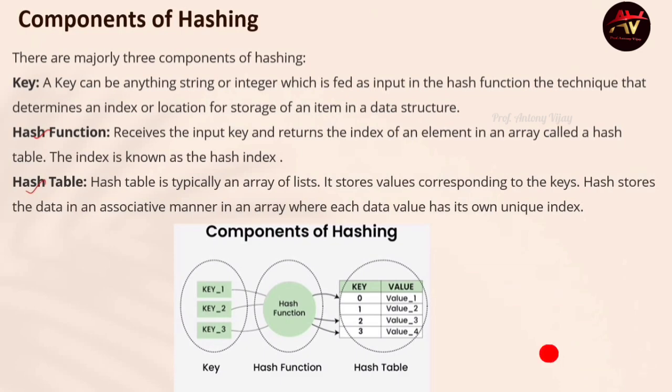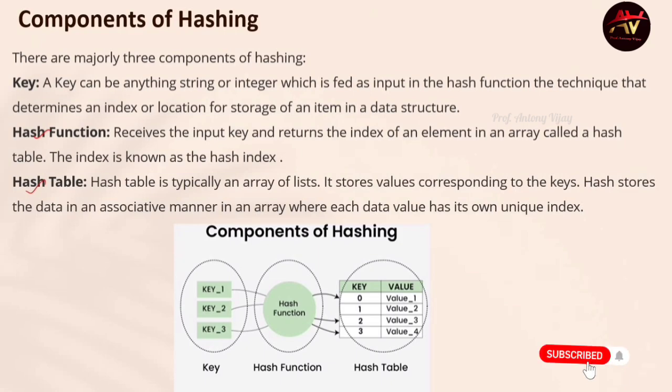The hash function is used to identify the location or index for storing the item. The hash function receives the key and returns the index of that key, which will be stored in the hash table.